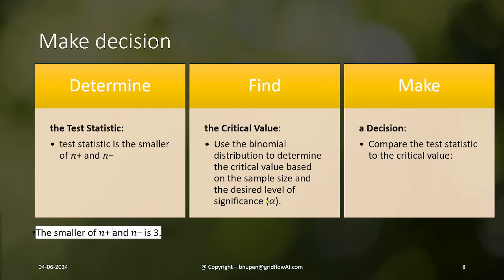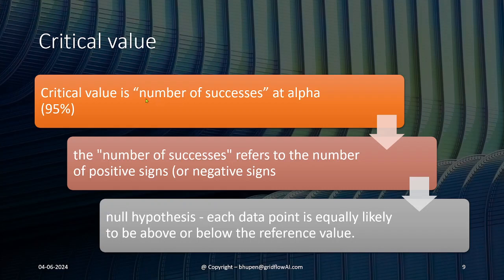If it is 5%, 0.05, for that 0.05 we will determine the critical value, and that will be compared against the test statistic. Then we make a decision by comparing the test statistic with the critical value. If the test statistic is more than the critical value, we will reject the null hypothesis. So the critical value here, alpha is 95%.